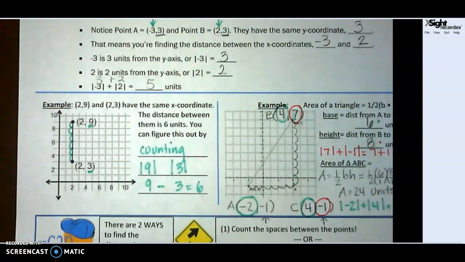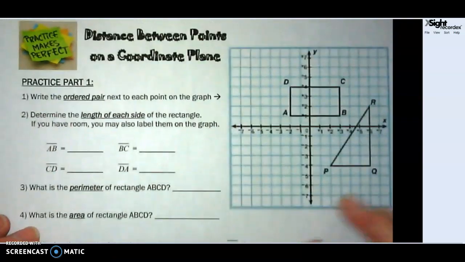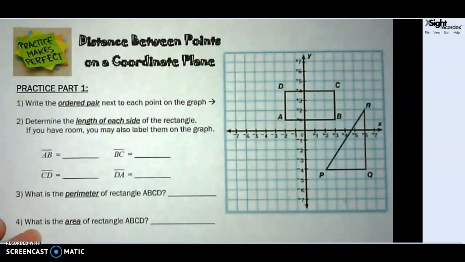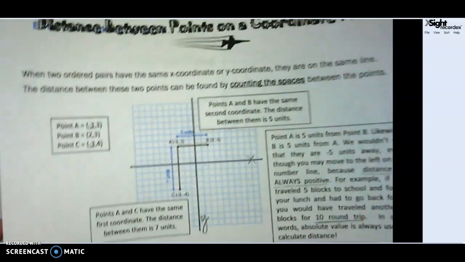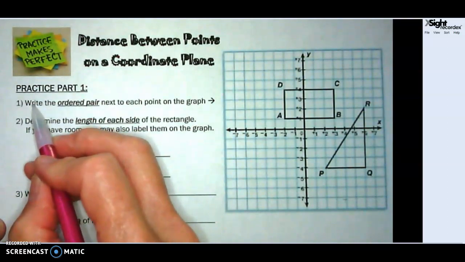I think that's an unusual example for the work that we had to do. So your assignment today is to do this page. I was going to go through these with you, but I think you've already heard me talk enough, and I think you can do it by yourself. Use this page as a guide, and then just follow the directions very carefully.